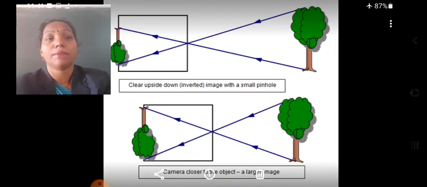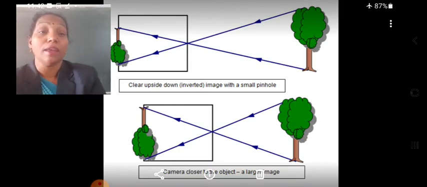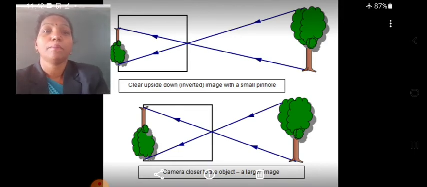Light from the bottom part of the object travels through the hole of the pinhole camera, travels straight, and forms the upper part of the image, and the upper part of the object becomes the lower part of the image. So we get a clear upside down, or inverted, image. Upside down images are called inverted images.